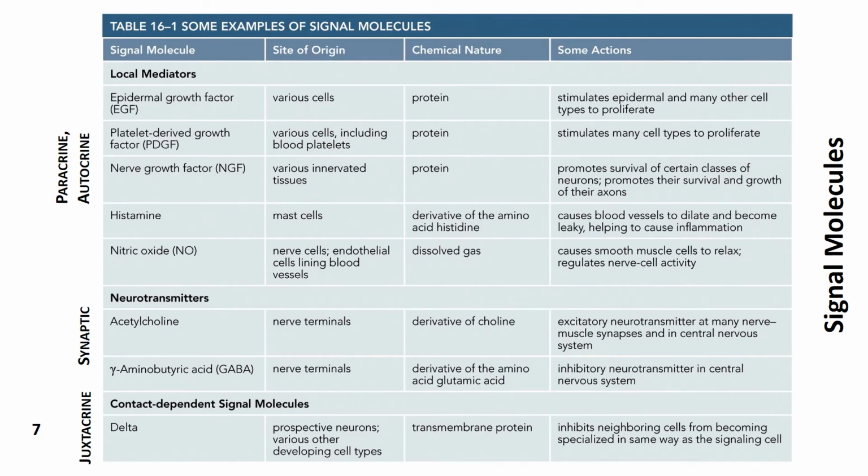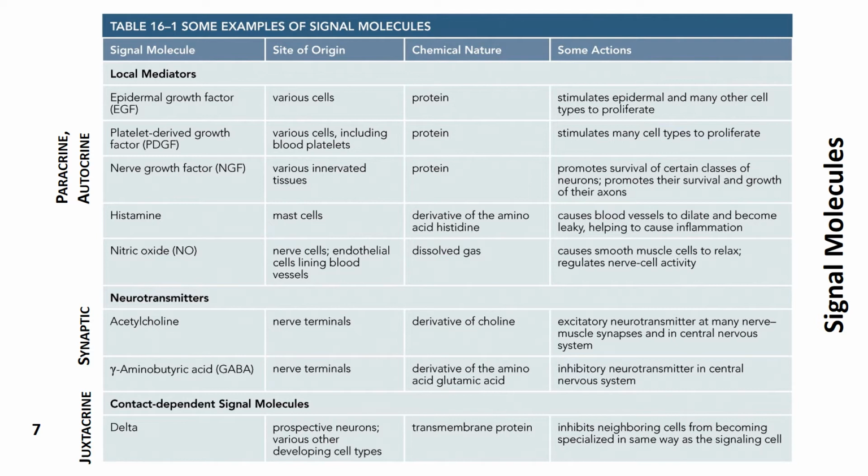Here we have a table showing you some examples of other signaling molecules. Paracrine or autocrine signaling molecules are those that are released into the extracellular environment. Shown here are some examples of protein signaling molecules, various growth factors, for example, of amino acid derivatives, histamine, for example, or even of gases, nitric oxide, that is released into the extracellular space and diffuses to adjacent cells.